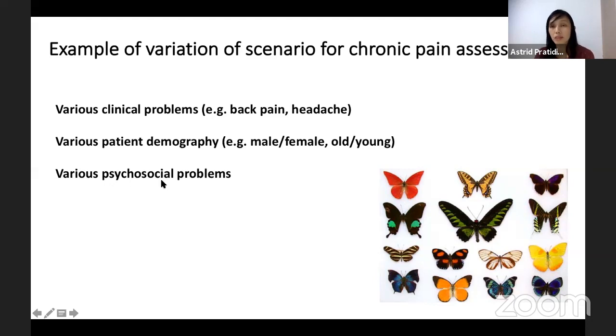So you can have exactly 2 patients with the same clinical problems, the same back pain, but one is a nurse who has to frequently lift up or move patients from the bed, so he has back pain, and another one is a cleaning service staff that has to bow frequently when he does the cleaning. So by doing this, you can have variation in your scenario.